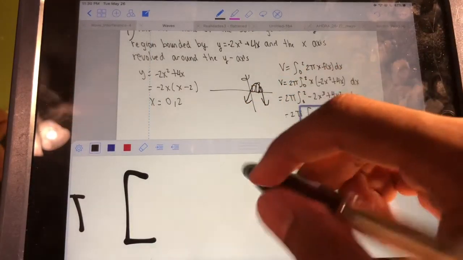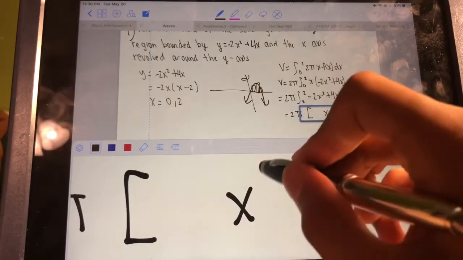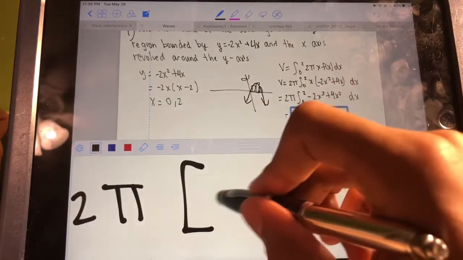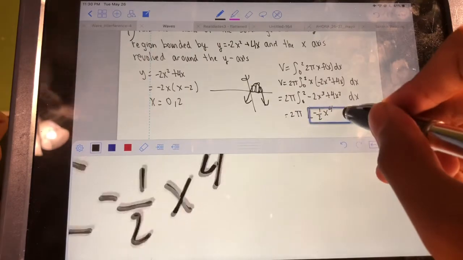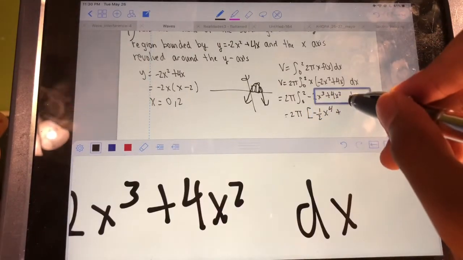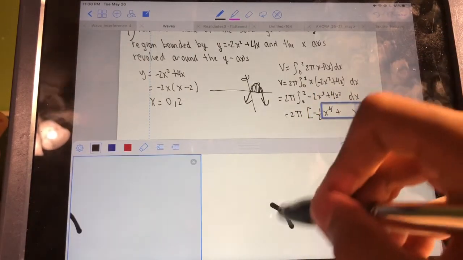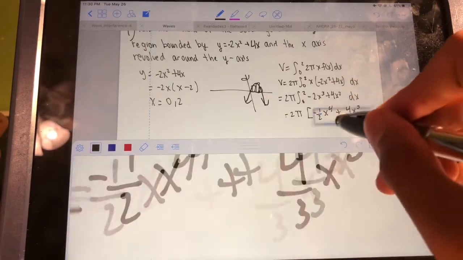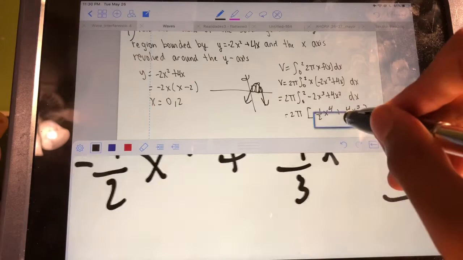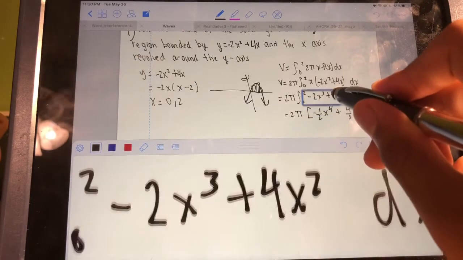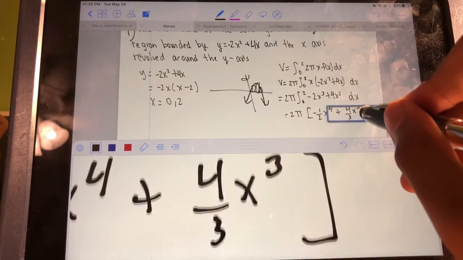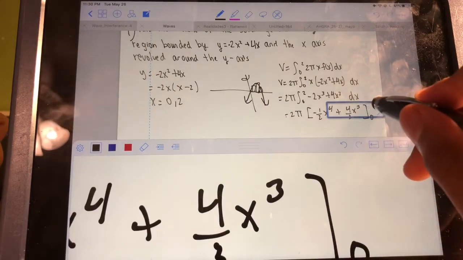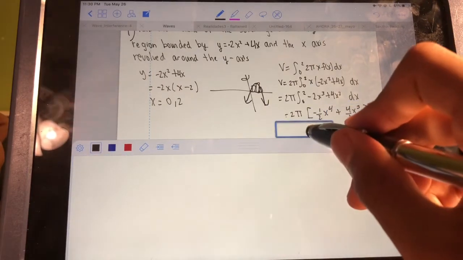So the integral of negative 2x cubed would be x to the fourth times negative 1/2, plus the integral of 4x squared, which is x cubed times 4/3. And we know this works because if you take the derivative of this function, you should get this. All right, and then don't forget the limits of integration, 0 and 2.